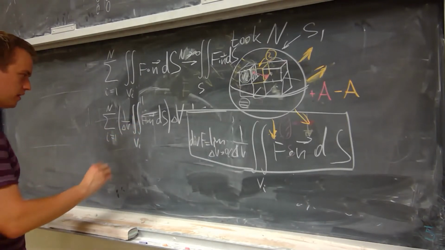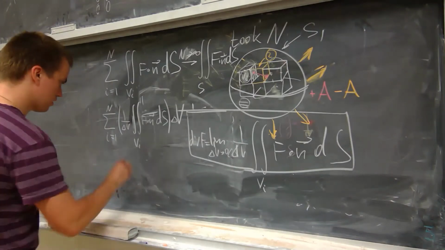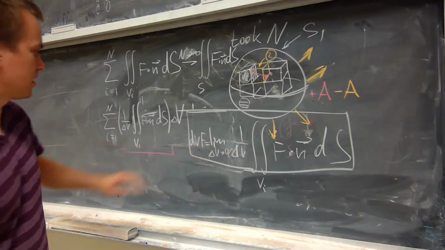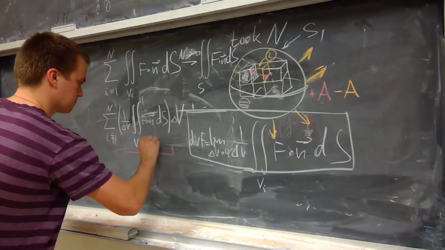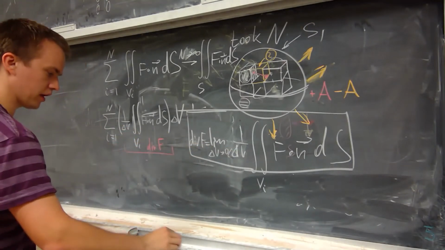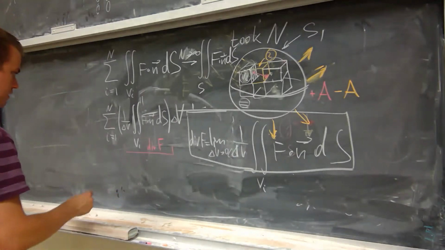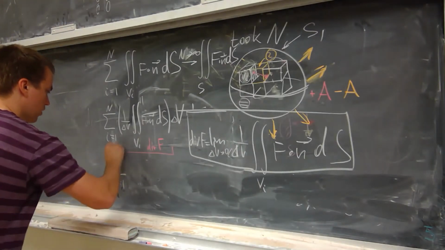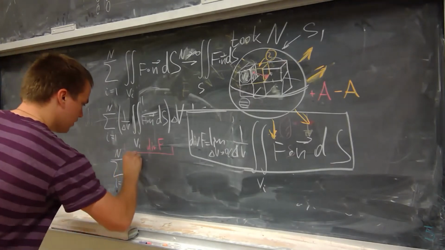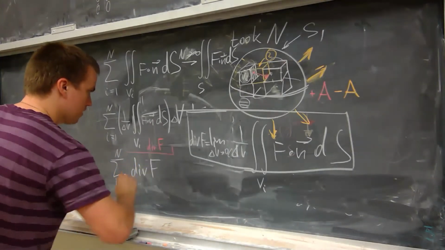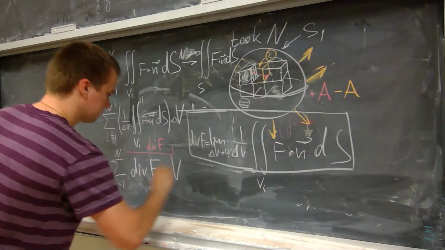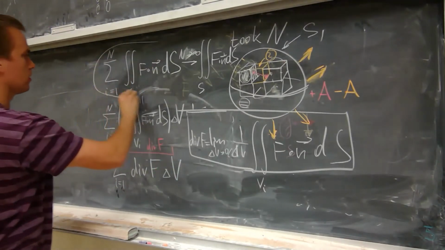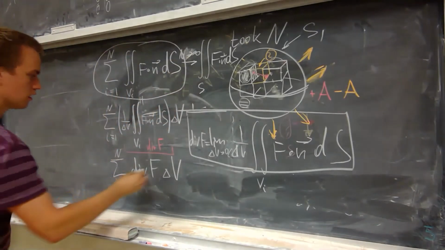Okay, so I'll have this one, but by the definition of divergence this is exactly the divergence of F. So what do I have over here? I have the sum from i equals 1 to n of the divergence of F times delta V. From one side, I have this integral, this sum.